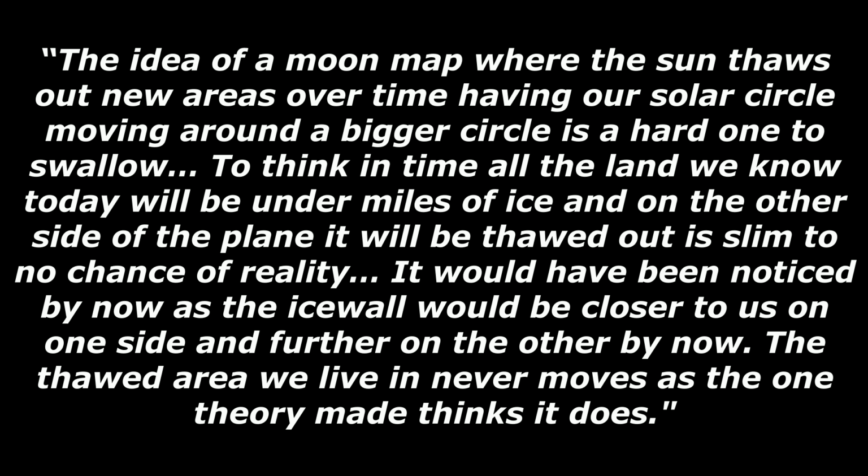To think in time all the land we know today will be under miles of ice, and on the other side of the plane it will be thawed out, is slim to no chance of reality. It would have been noticed by now, as the ice wall would be closer to us on one side and further on the other by now. The thawed area we live in never moves as the one theory made thinks it does.